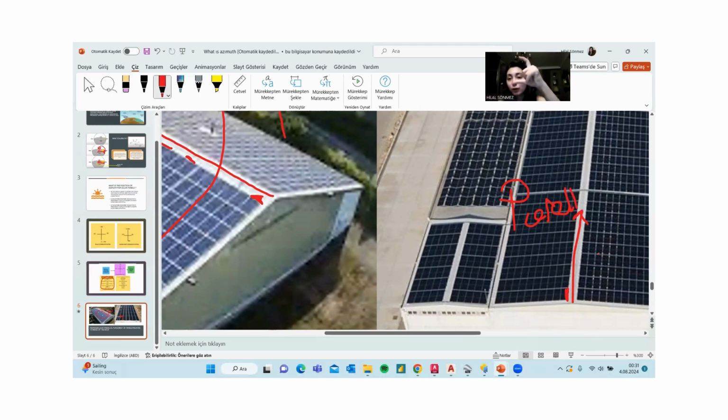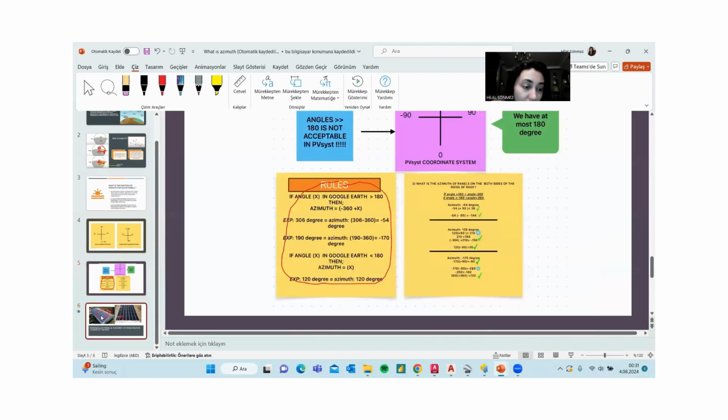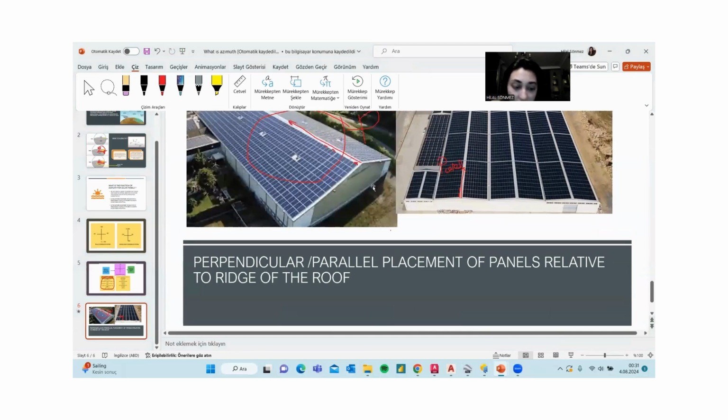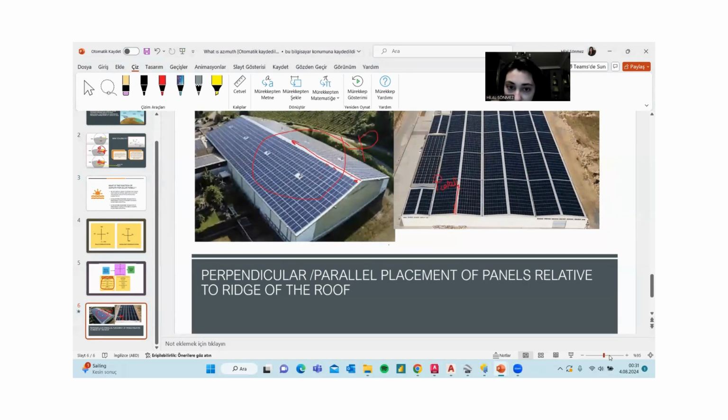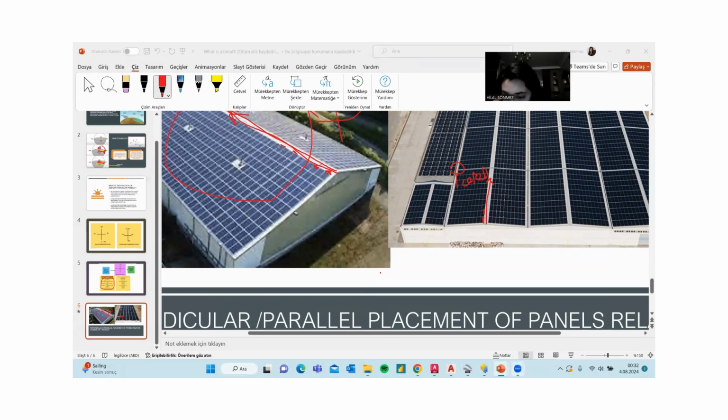If the height of the panel is placed along the ridge of the roof, then it will be a parallel placement. But if the width of the panel is placed along the ridge of the roof, then it will be a perpendicular placement.